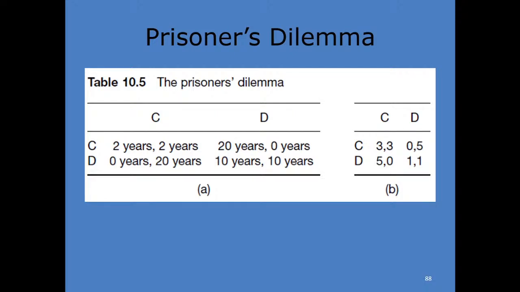But of course, if the collective group does all do that, you know, we end up over exploiting the commons and degrading the environment much above what would be sustainable.